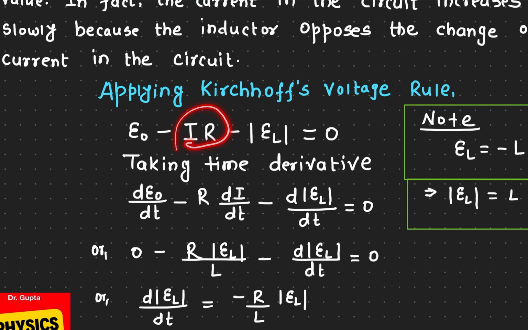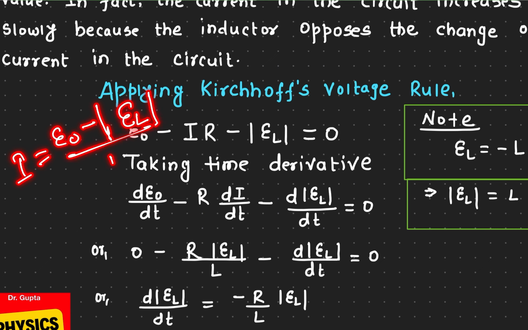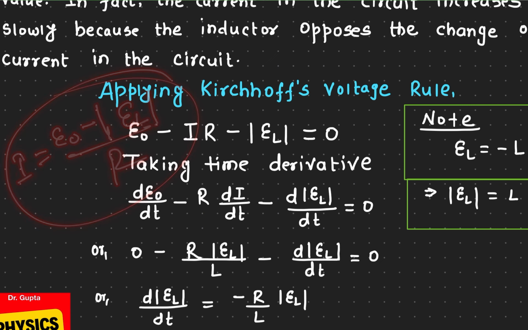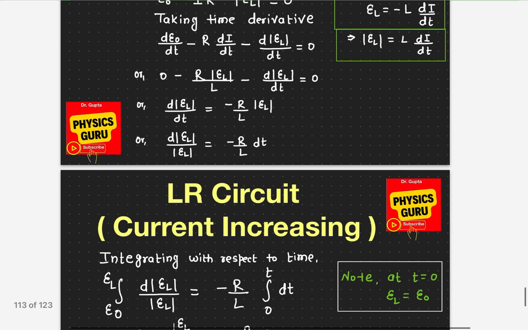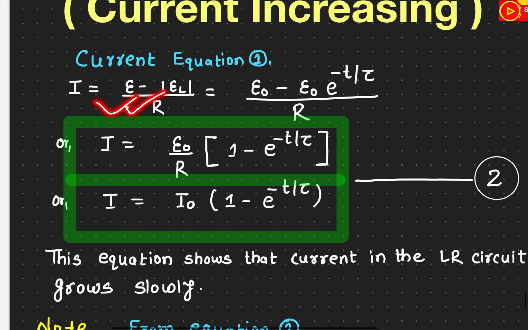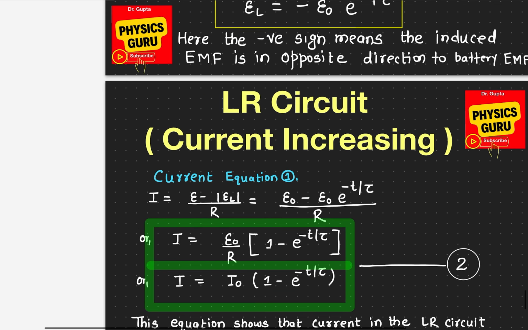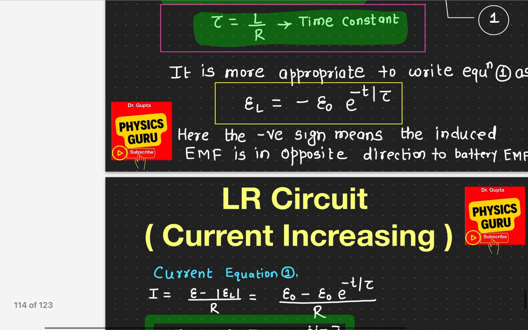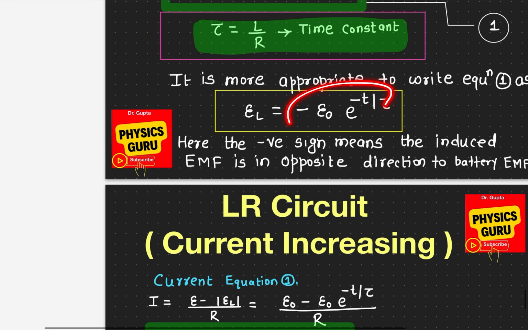If I solve for I, what would I get? I get epsilon 0 minus epsilon L divided by R. That's the current I get. So I have this current equation, and all I'm doing here is plugging in the value of this induced EMF, which I have right here.